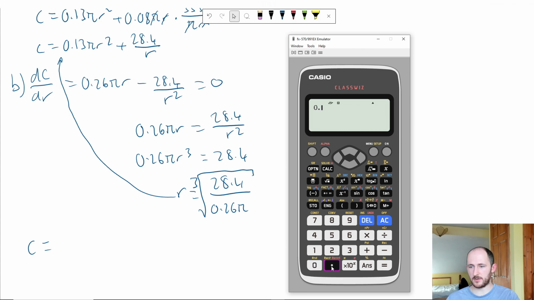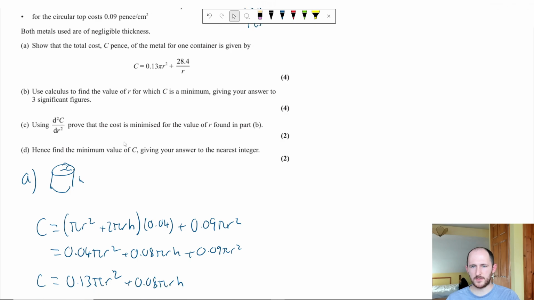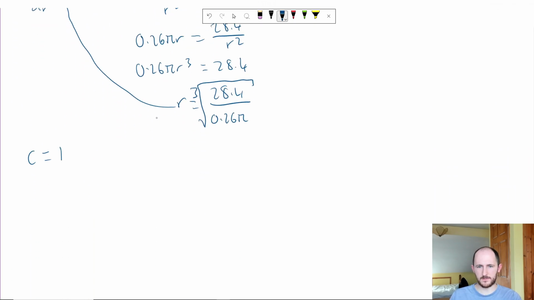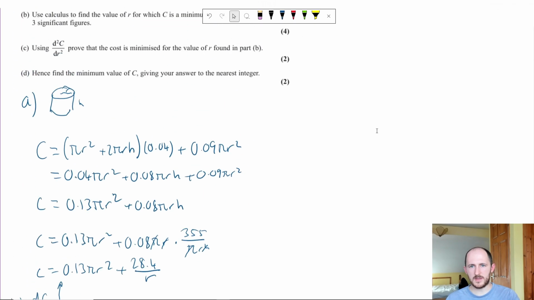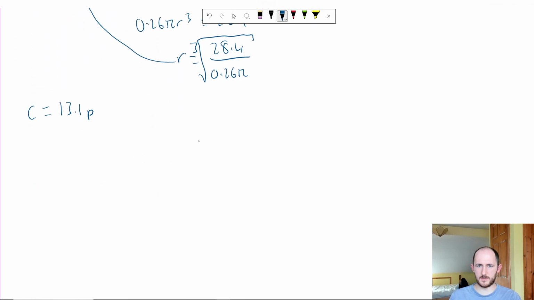Subbing it into there, we get 0.13 pi answer squared plus 28.4 over answer. Gives me 13.1 to 3 significant figures. Is that just going to be in pence, I assume, right? Yeah, pence. 13.1p to make a can.